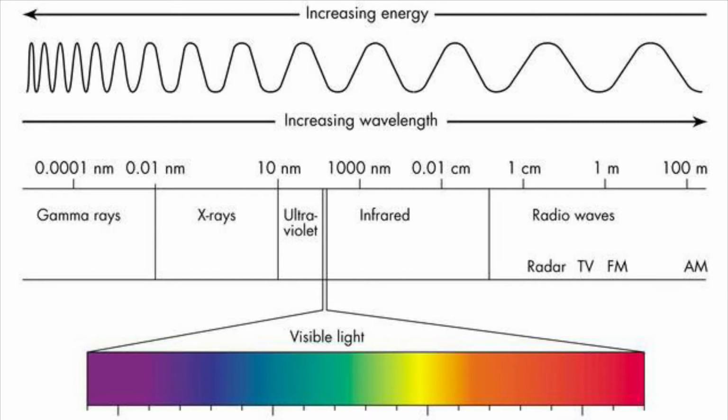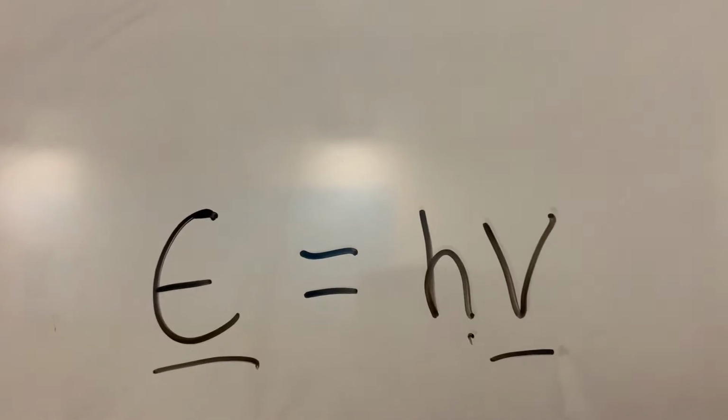Since frequency correlates with energy, radio waves have the least amount of energy, and it just decreases going down the spectra. So gamma rays, which have the smallest wavelength, will have the biggest amount of energy and also the biggest frequency. We know because of the equation E equals Planck's constant times the frequency, that frequency correlates directly to energy.